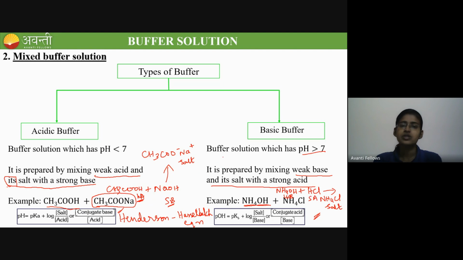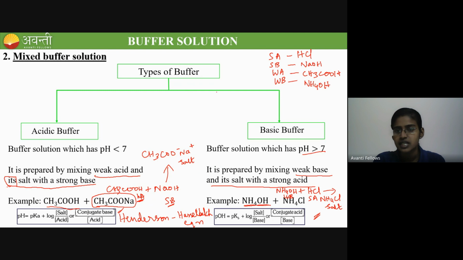So in this entire ionic equilibrium lesson, we will be using strong acid, strong base, weak acid, weak base. In all the concepts, you can keep HCl as an example for strong acid, NaOH as an example for strong base, CH3COOH as an example for weak acid, and NH4OH as an example for weak base.